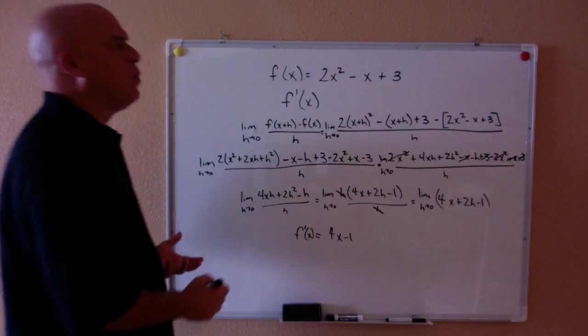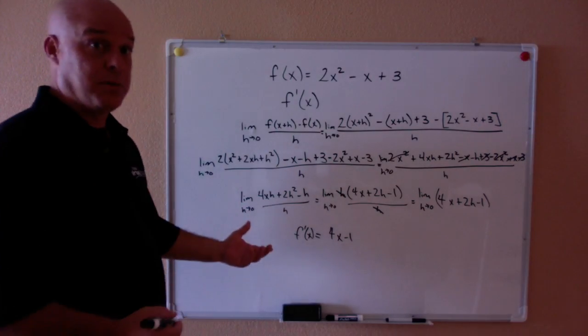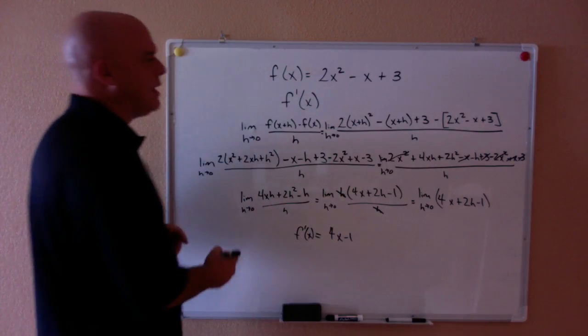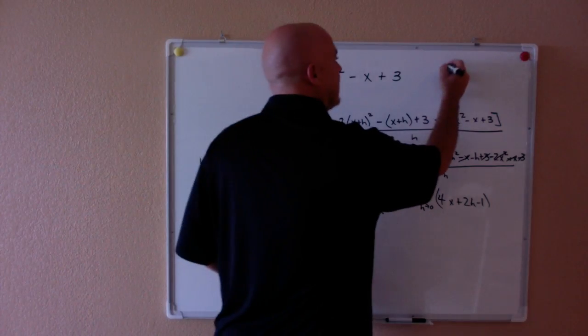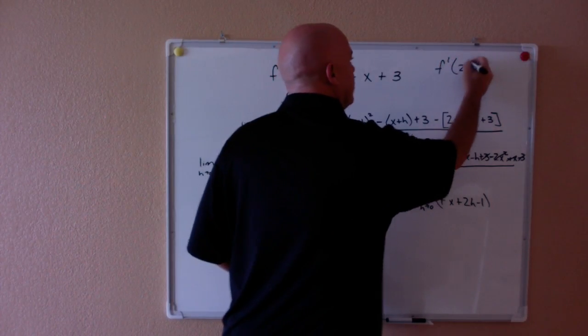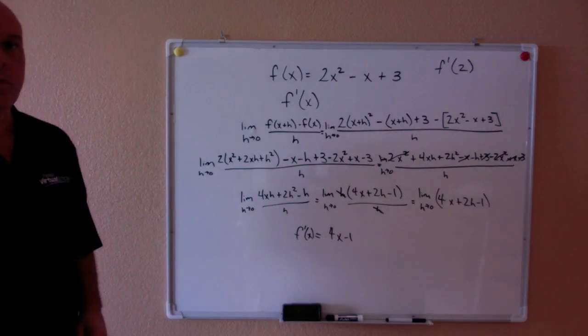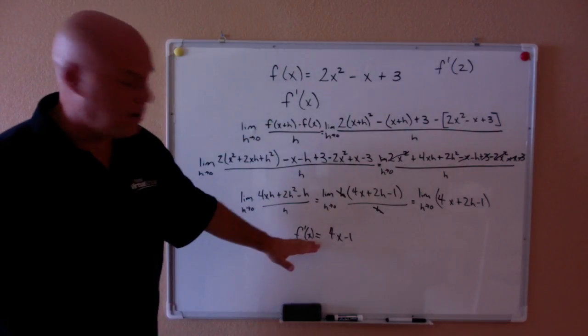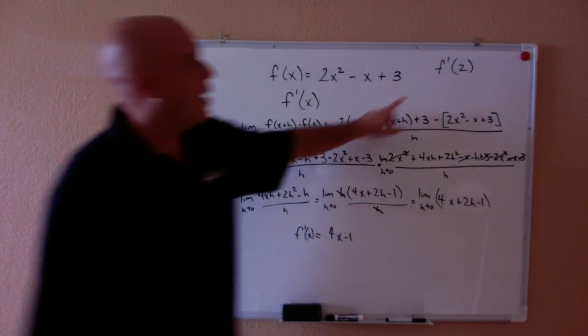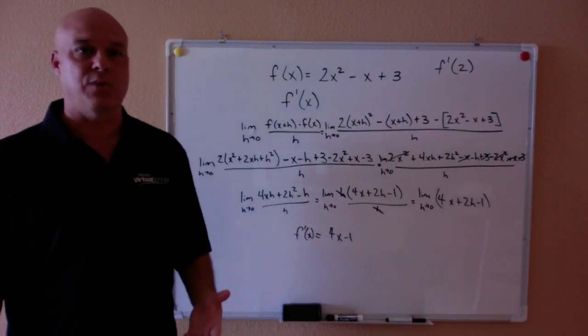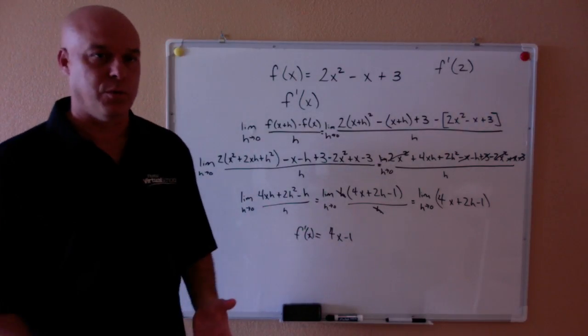Now, let's say that we wanted to find, for this particular problem, for this function, let's say that they asked us to find, say, f prime of 2. Well, now that I have this derivative function, that's easy to do. Now they're asking me to find the instantaneous rate of change at exactly x equals 2.